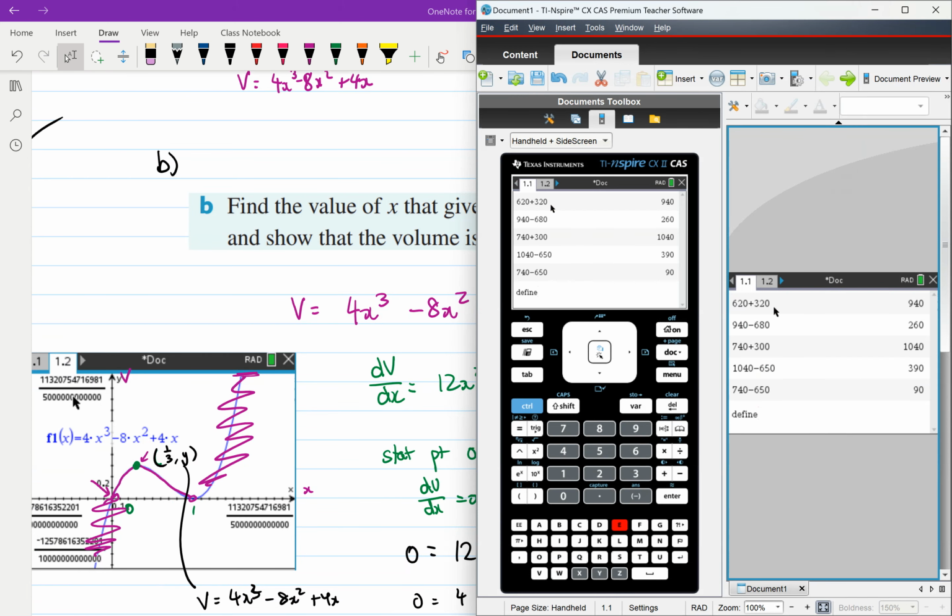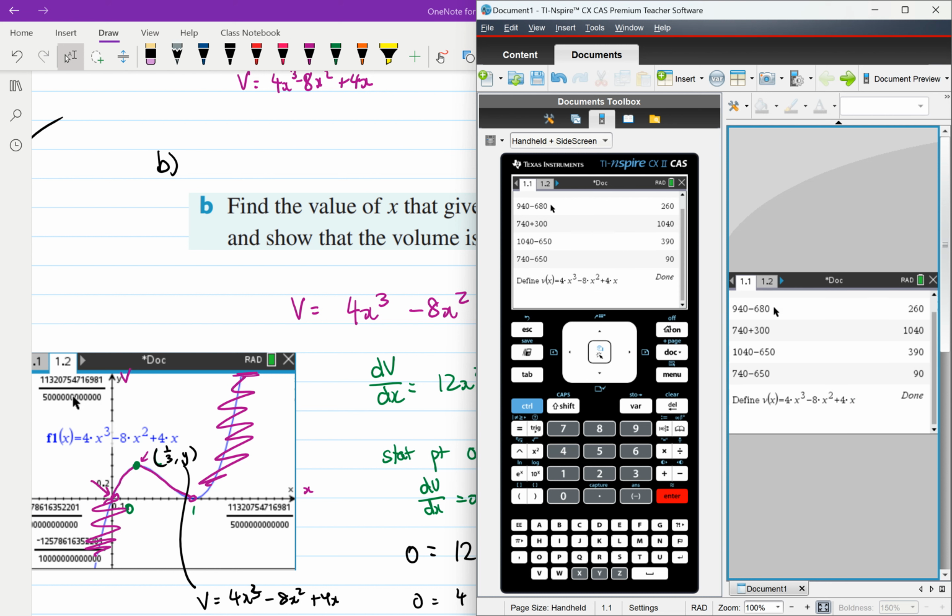Define V of x, if you want to, equal to 4x cubed minus 8 times x squared plus 4 times x. I would then find the derivative. Now, how do you find the derivative? I would also define again. I call it g of x, for example, equal to the derivative.